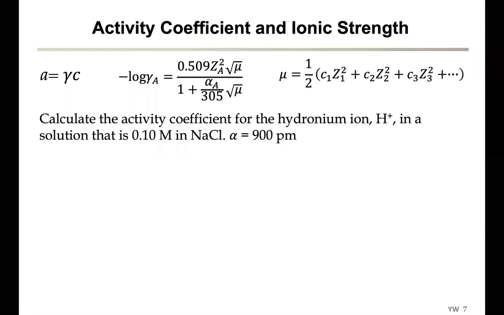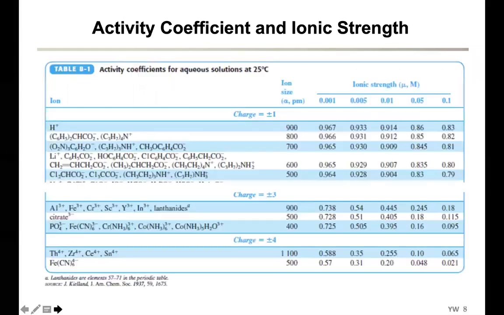So if you still remember, the value we got is 0.83, right? And you can actually find in the textbook a table showing the activity coefficient for some typical ions under different ionic strengths. The example we just did is for hydronium ion.